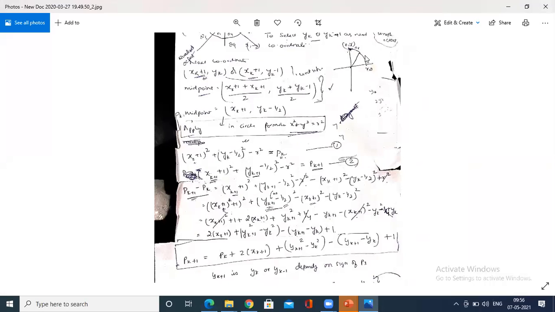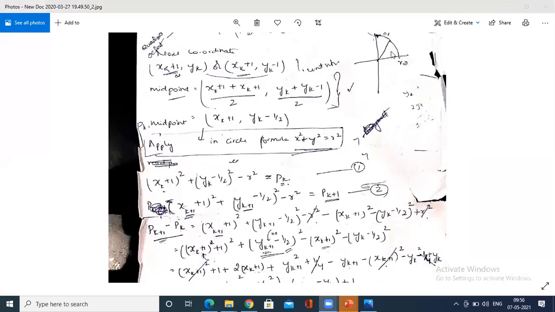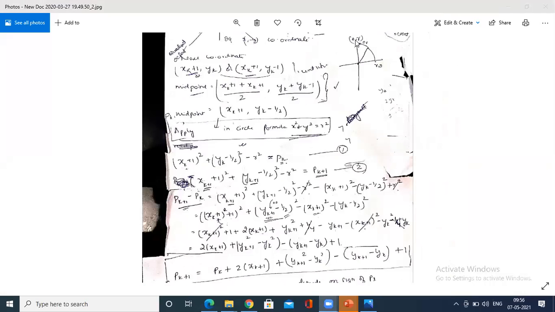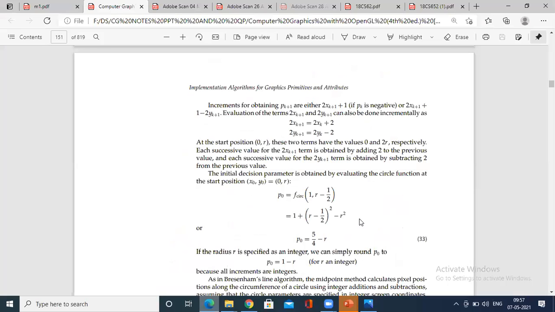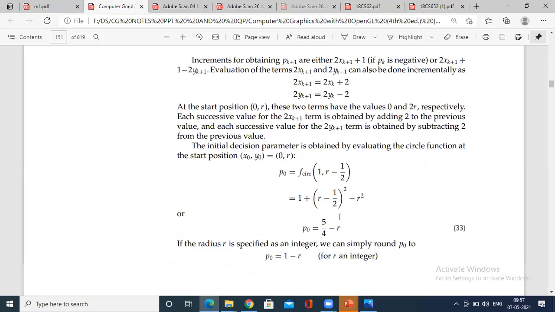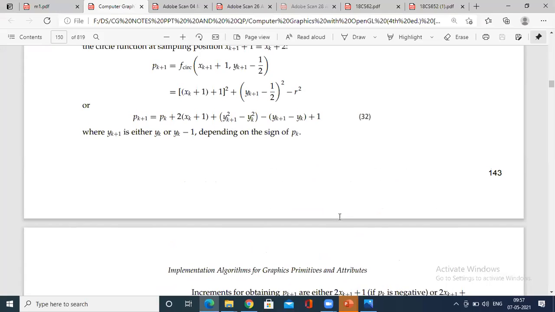So if you start the circle at this point, is it visible? Yes. It will be 0 comma r. At this point it will be r comma 0, right? So applying the same to the initial, I have derived this on the sheet.